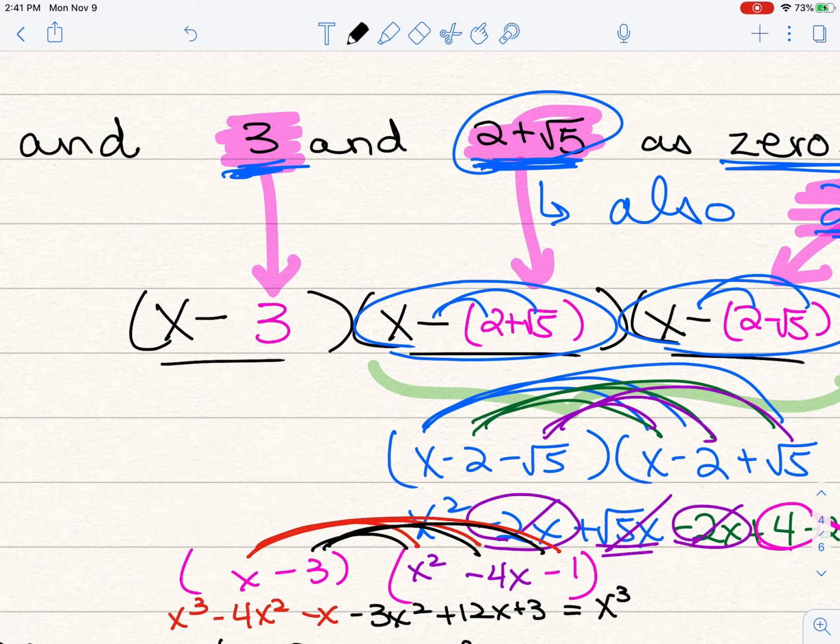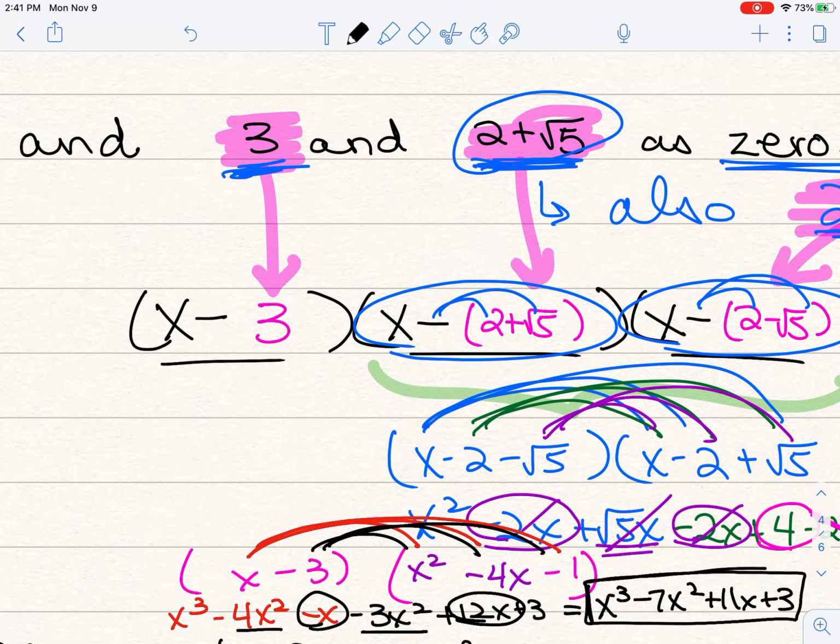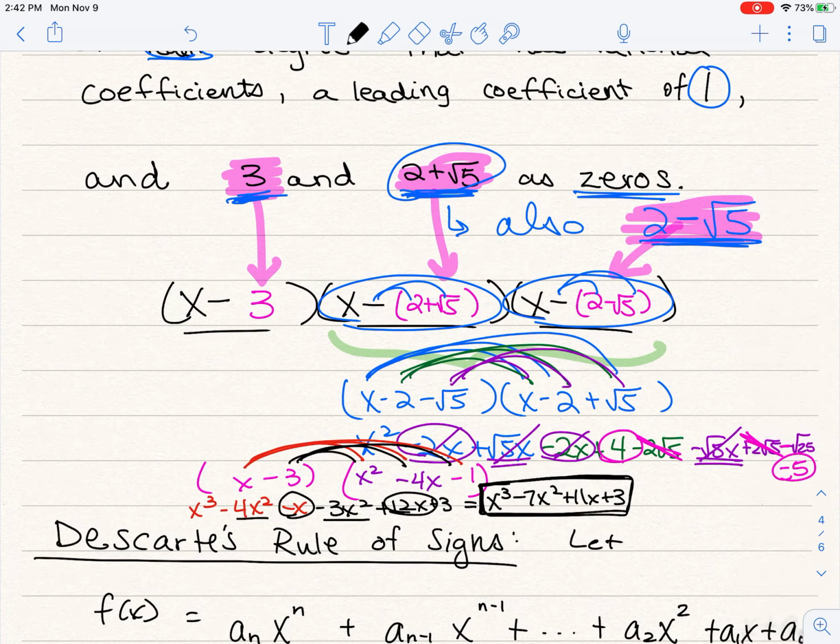And we're ending up with x to the third, then negative 4x squared and negative 3x squared is negative 7x squared, minus x and positive 12x is plus 11x, and then plus 3 at the very end. So this is our most basic function with the leading coefficient of 1 for those factors.